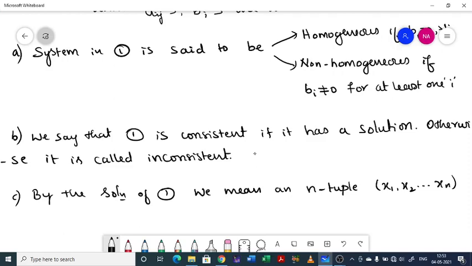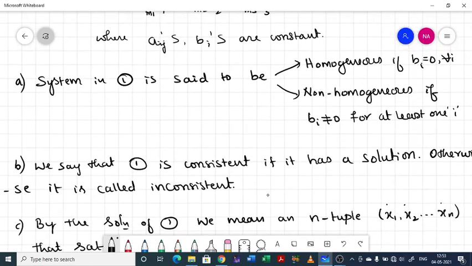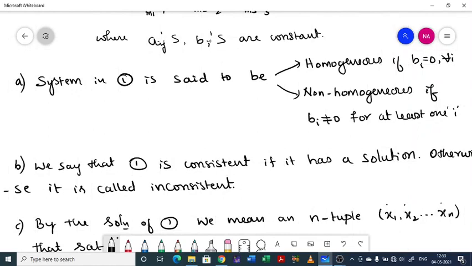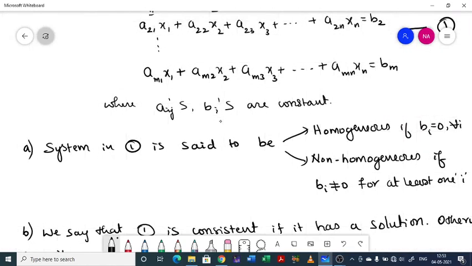So it's a set of n values x1, x2, x3 and so on up to xn that satisfies each of the equations in 1. So a solution is a set of values x1, x2, xn that satisfies all these equations.